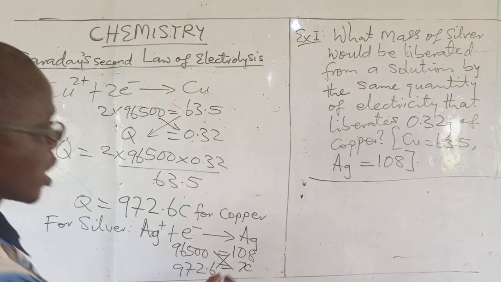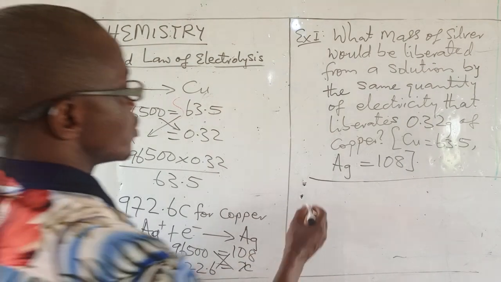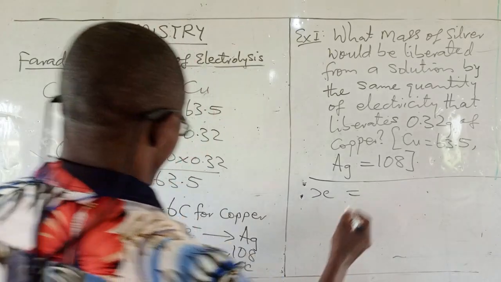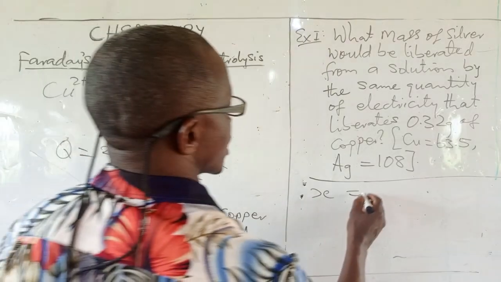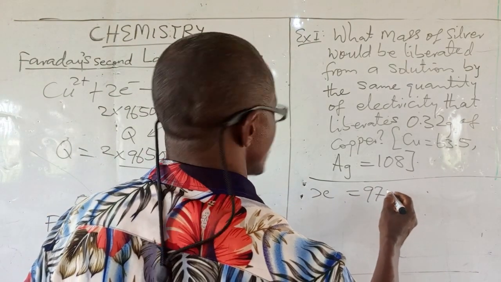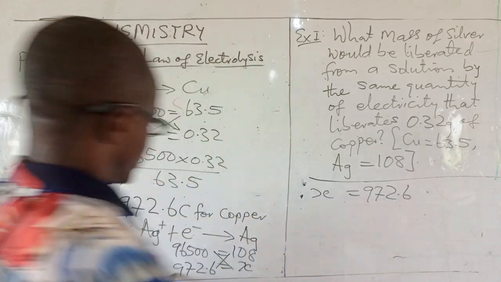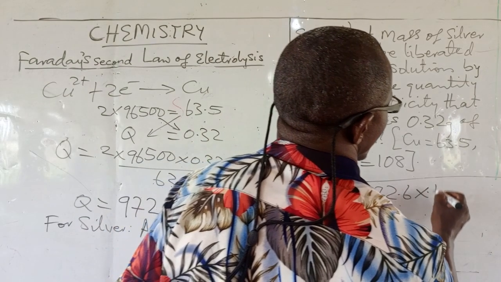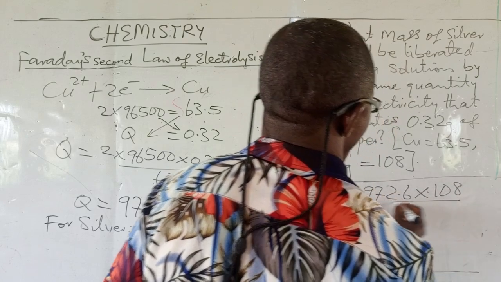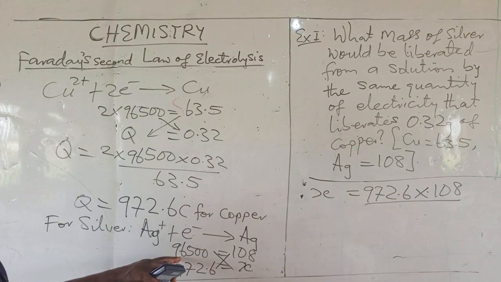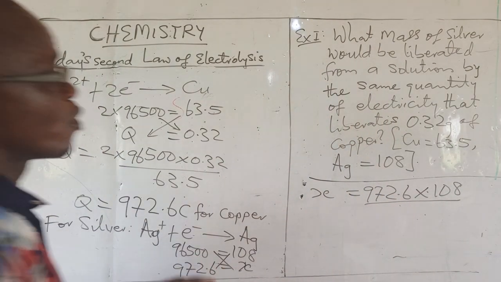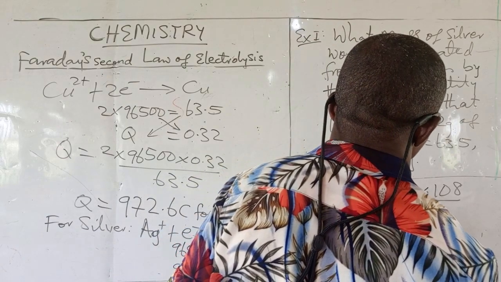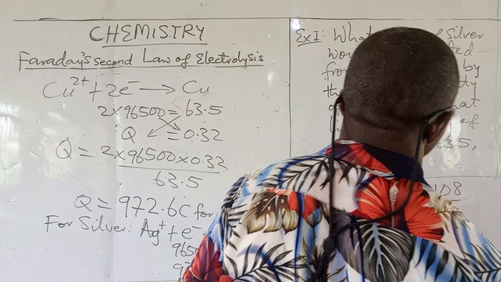Cross multiply. You will have your X equal to 972.6, this is the value, times 108 all over 96500.